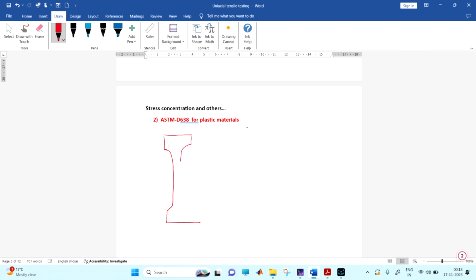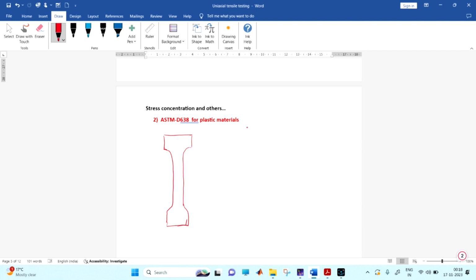Just I am trying to make the dog bone shape. This part is not having a proper dog bone shape. Now it is good. So why are we making these dog bone shapes?